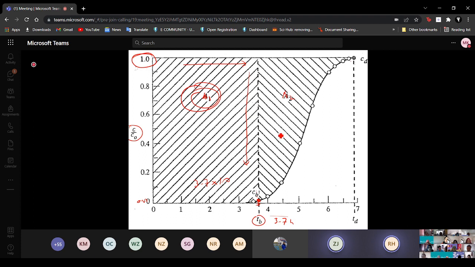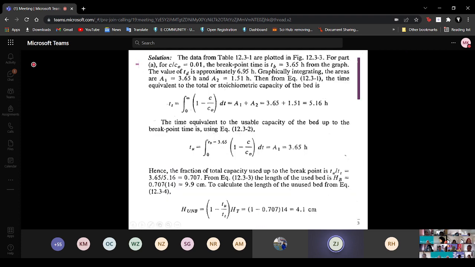For area A2, from the point here, point 5, going down you get TS. TS gives you this rectangle, whereby the height is 1.0 times the width, which is TS minus TB. So you get area A2. With area A1 and A2, you can get TT. Just add the two together.